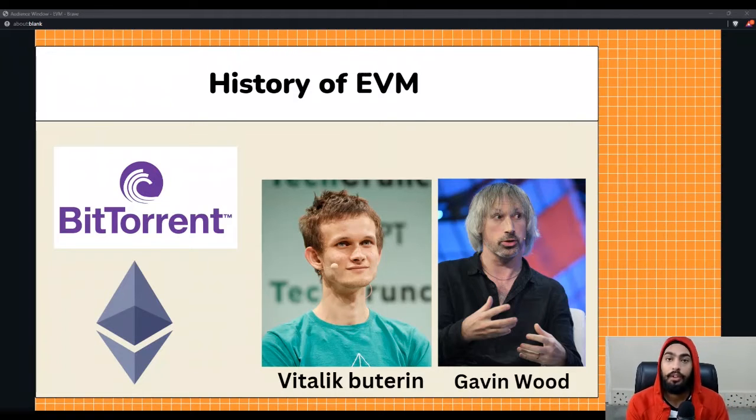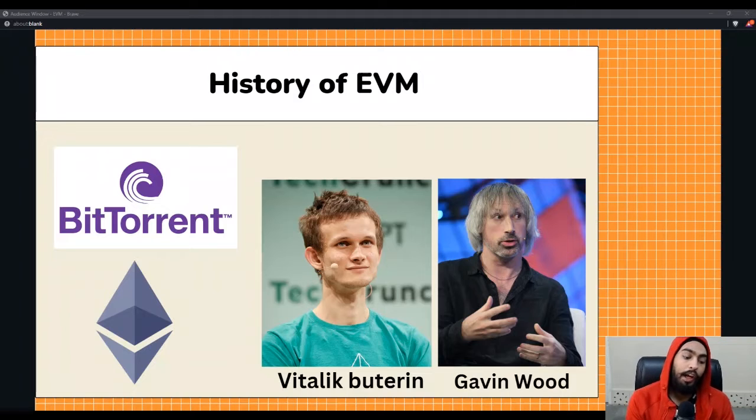Yeah, he was the one who created the Solidity language, and now he is the creator of the Polkadot and Cosmos ecosystem, right? So I just wanted to discuss who Gavin Wood is, because most people know Vitalik but don't know Gavin Wood. He was also one of the founders of Ethereum, he designed the EVM along with Vitalik, and also created the Solidity language.